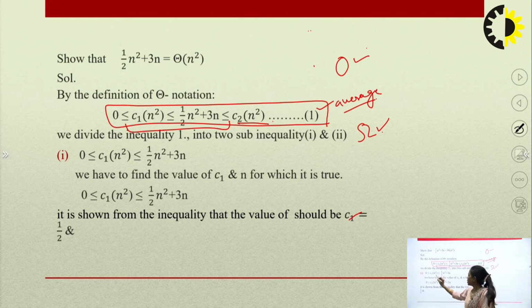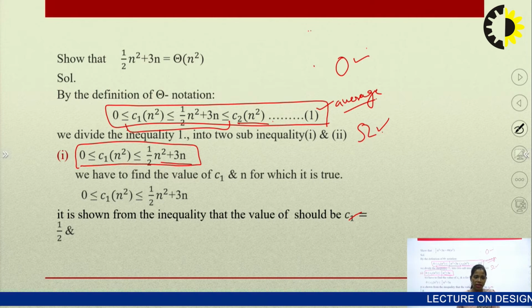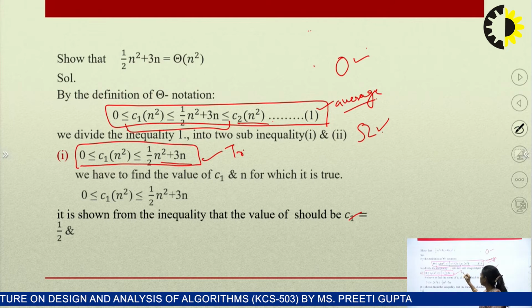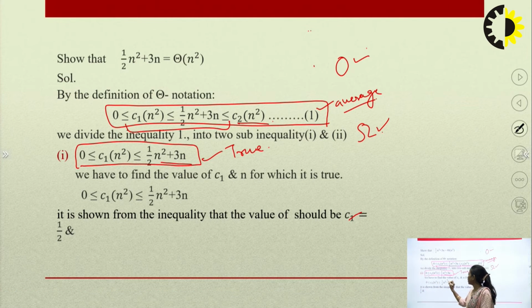C1 n square less than or equal to 1 by half n square plus 3n. Now we have to find the value of C1 and n for which this inequality is true.